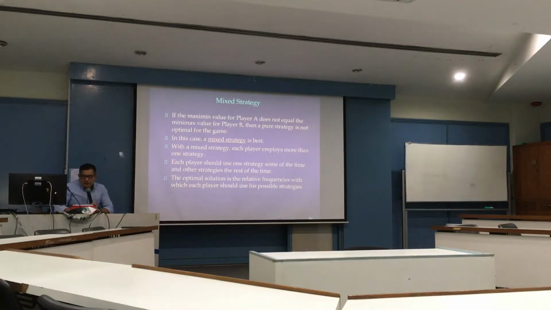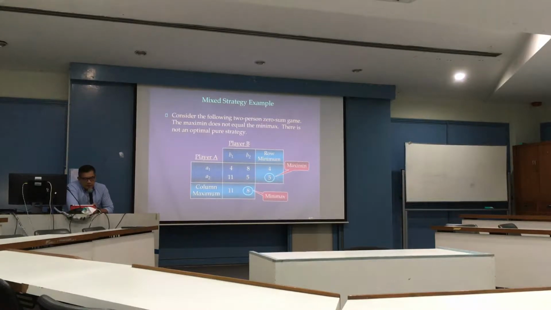For example, in this case, we have player A and B. Once again, player A has two strategies, A1 and A2. Player B has two strategies as well, B1 and B2. Based on the maximin, you can see that player A has 5 as a maximin, but player B has the minimax value at 8.